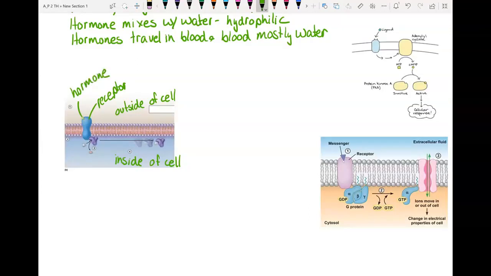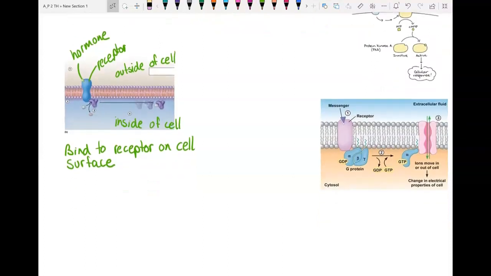So water-soluble hormones will bind to a receptor on the surface of the cell. They're going to cause a change inside the cell, though, so you have to have what's called a second messenger. This purple thing here is a second messenger. Notice how it's attached to the receptor. So when the hormone binds to the receptor, this activates the second messenger.